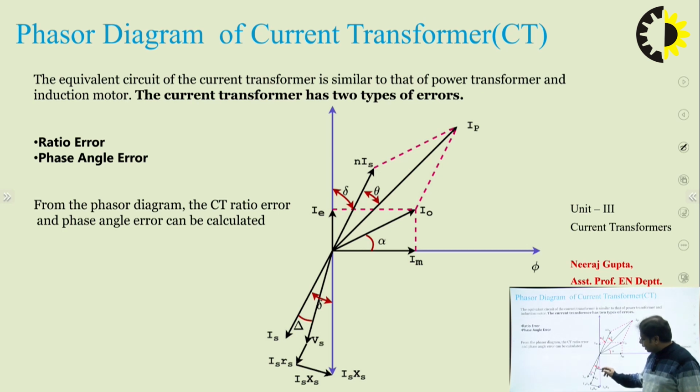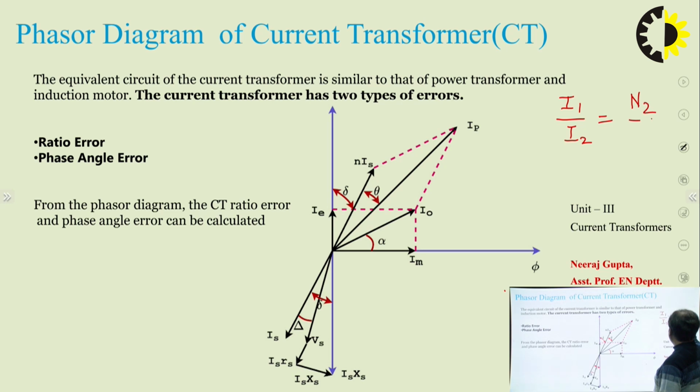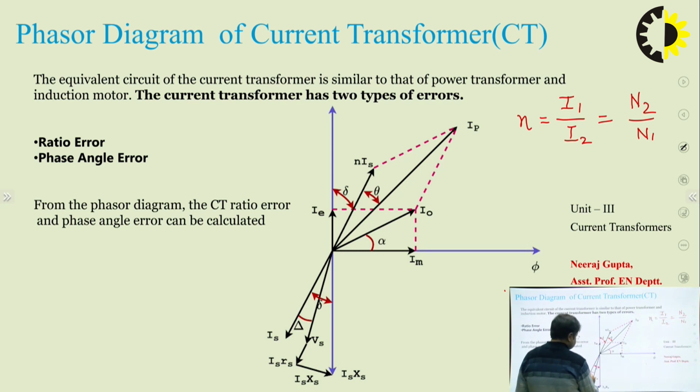So if we draw it like that, that is the phasor position of Is. The expression says that I1 upon I2 equals N2 upon N1, which equals the turn ratio N. If we bring this Is into the primary domain, that is, when the secondary current is transferred to the primary side, it becomes N times Is.